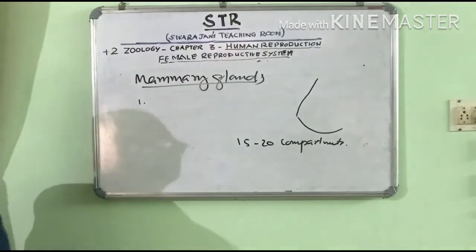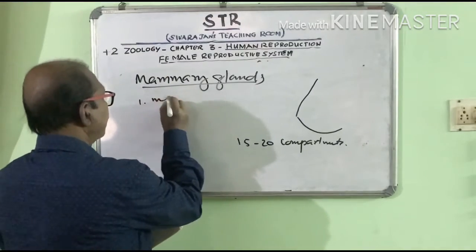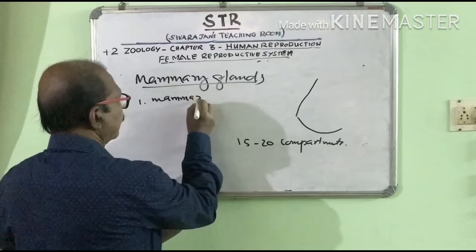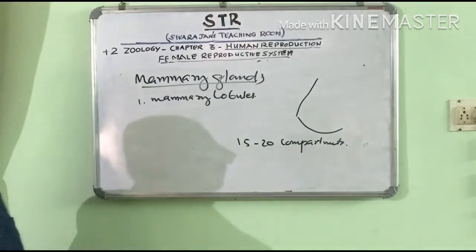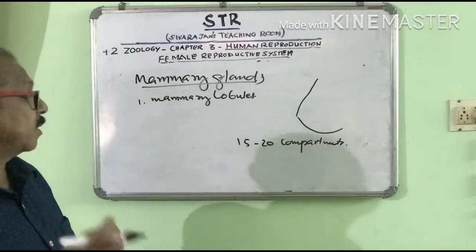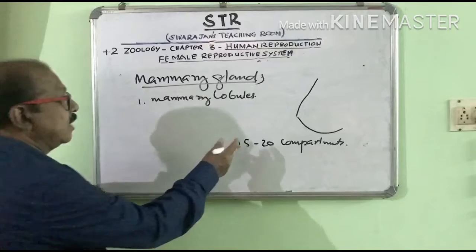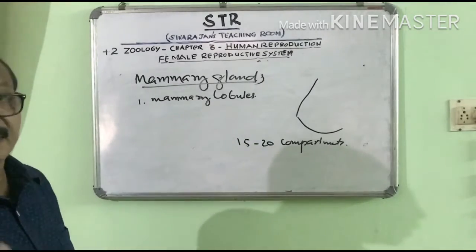They are called mammary lobules. So each mammary gland has got 15 to 20 mammary lobules, or we can say compartments.